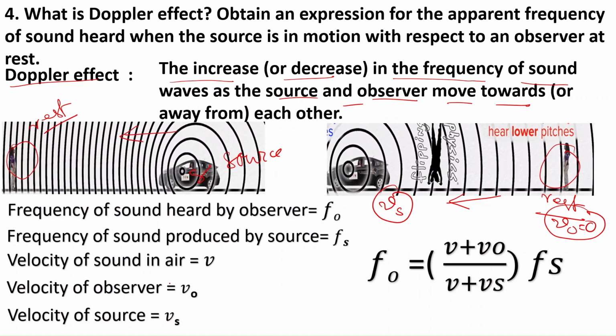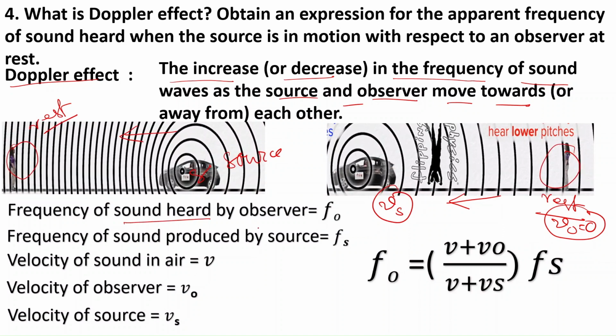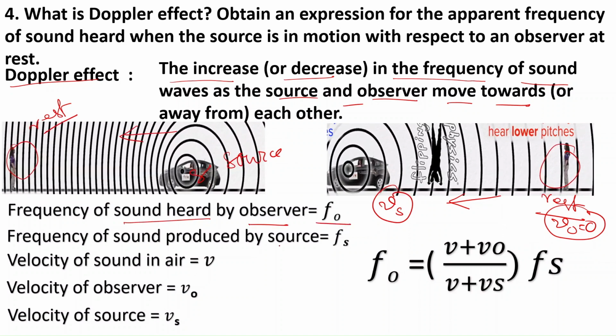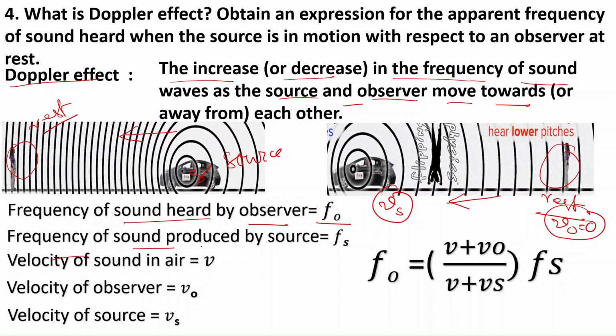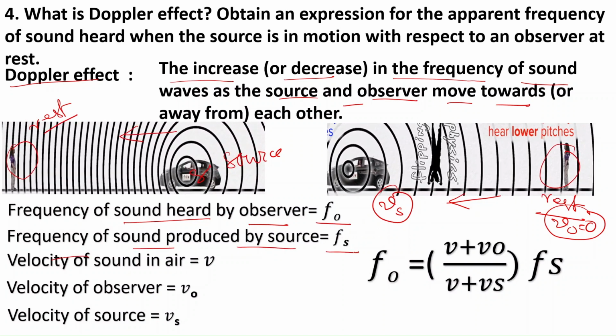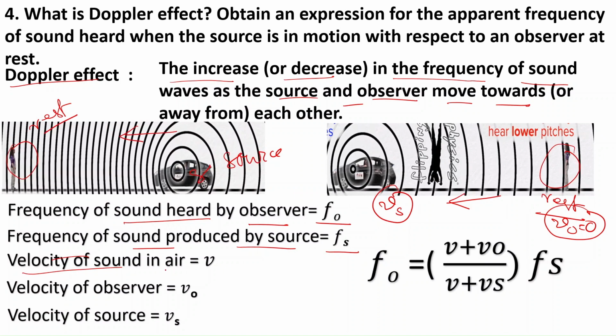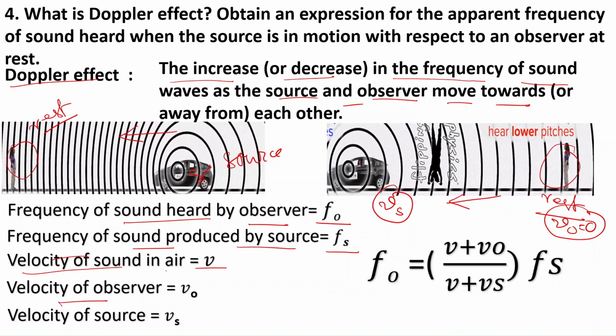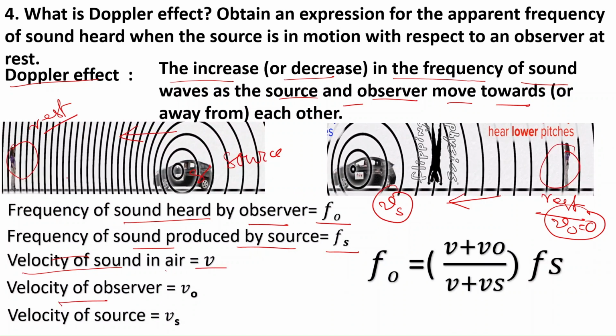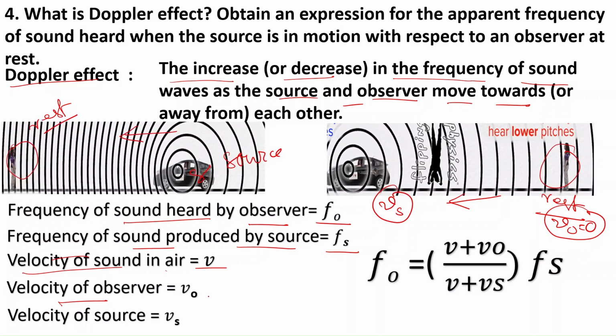Before that, the frequency of sound heard by the observer we are denoting by f0, and the frequency of sound produced by the source is denoted by fs, and the velocity of sound in air is v. While the observer is in motion, the observer velocity is v0.